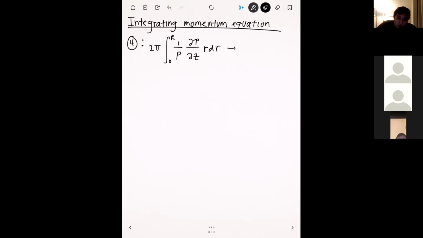This term's actually pretty simple to compute, because we're going to assume the pressure gradient does not depend on r. This is basically the same as assuming the pressure is uniform across the cross section.